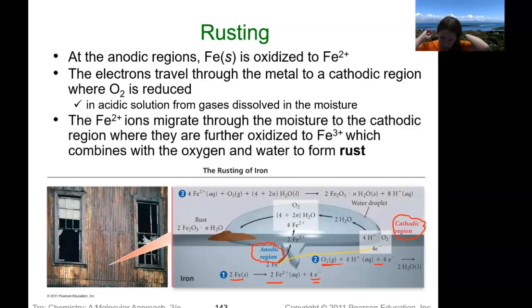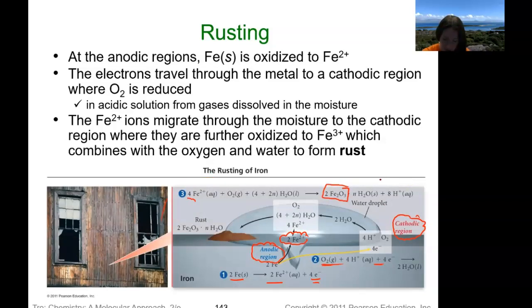So what happens with this iron 2 plus? So you've got this iron 2 plus that's hanging around. So it migrates through the moisture to the cathodic region up here. So at the top, it's like our cathodic region. And then it becomes further oxidized to iron 3 plus.